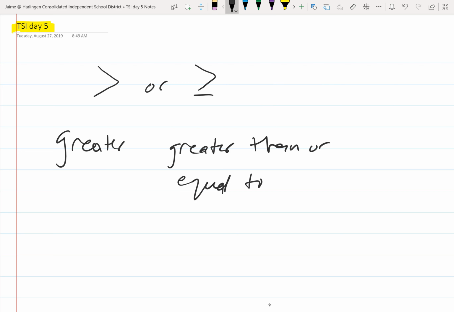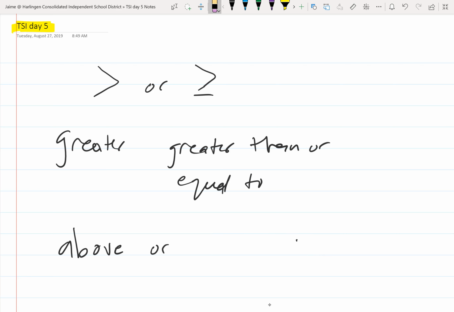So, if you're going to color something that's greater than, you're going to color above the graph or to the right. If you see the greater than symbol, you color above or to the right.